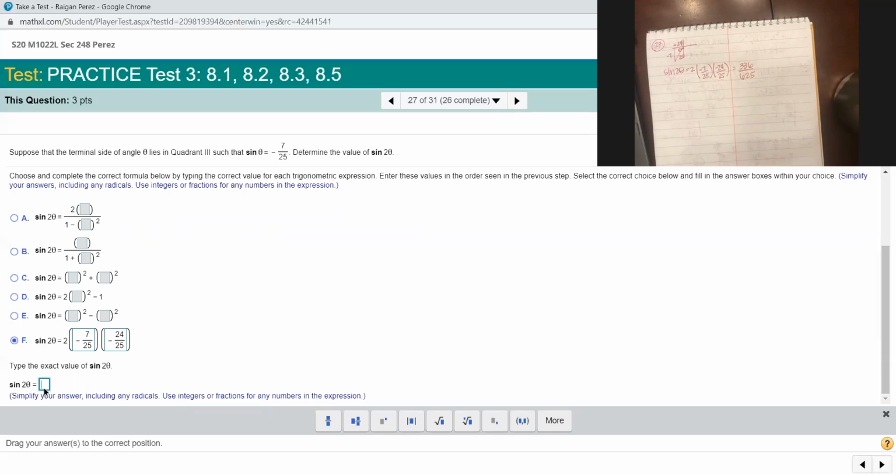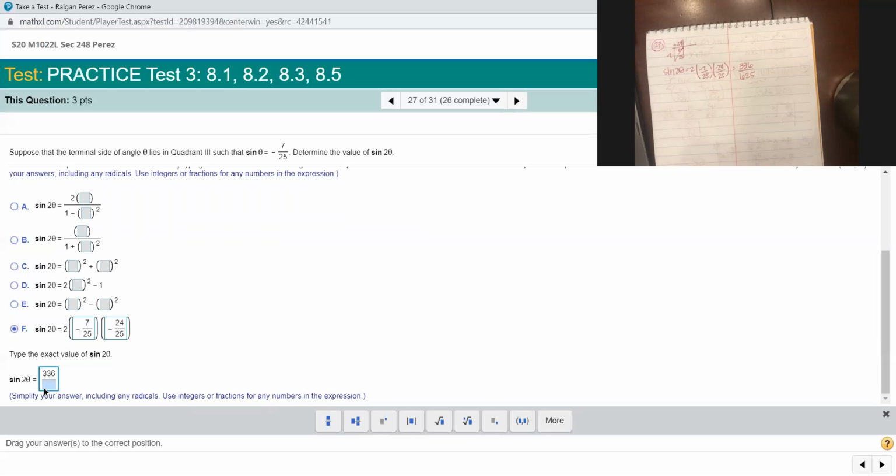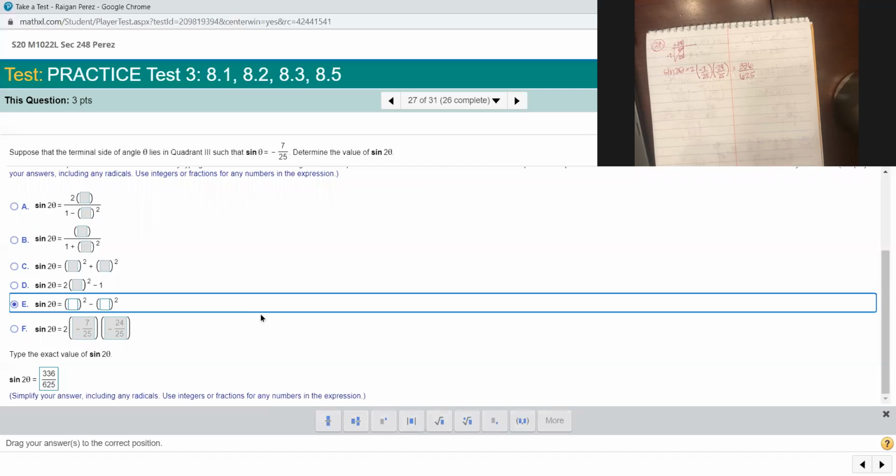I'm not sure if that can be simplified. Let me use my calculator real quick just to save time. Nope. So that's your answer: 336 divided by 625.